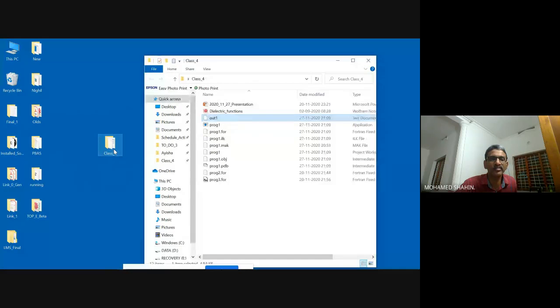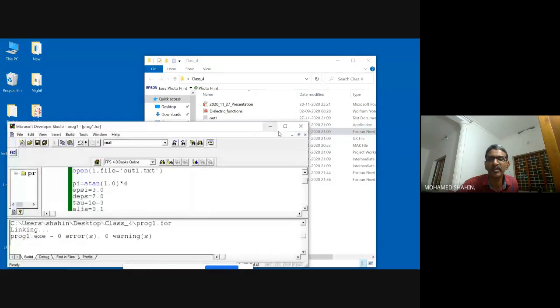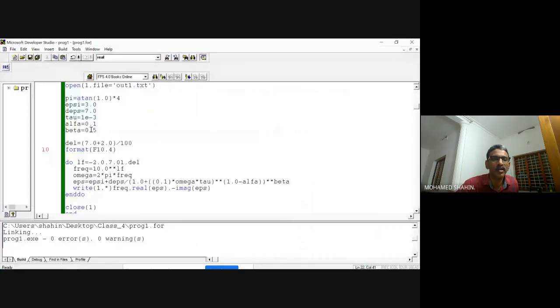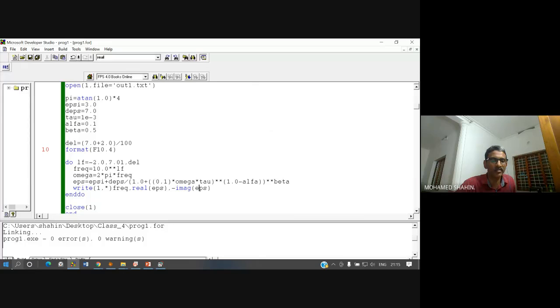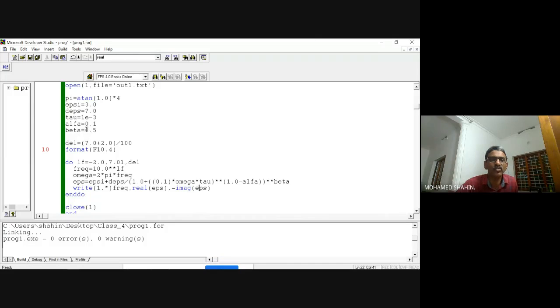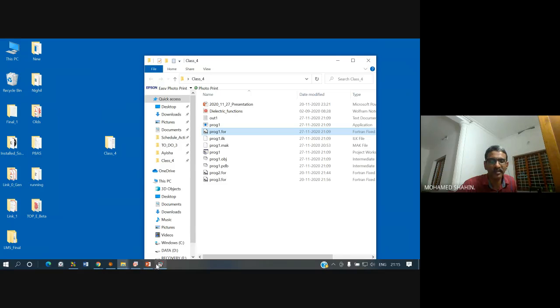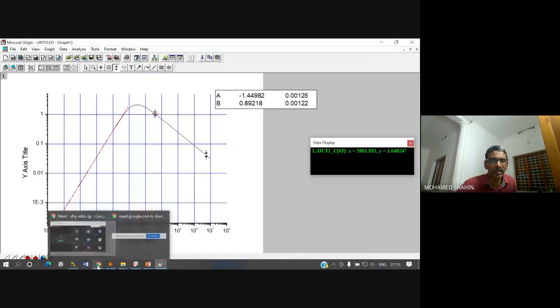Beta value in our program is 0.5. So 0.5 times 0.1. That means it would be less than 0.5 with a minus sign. That is what you will get.